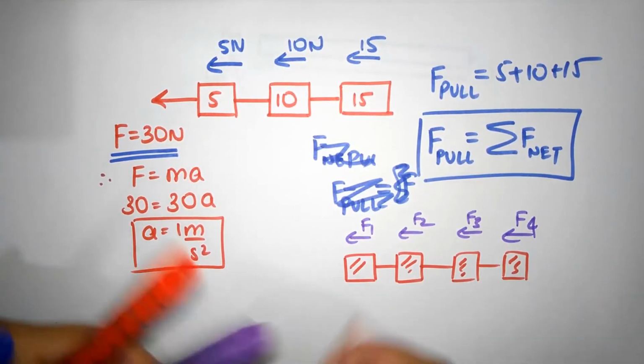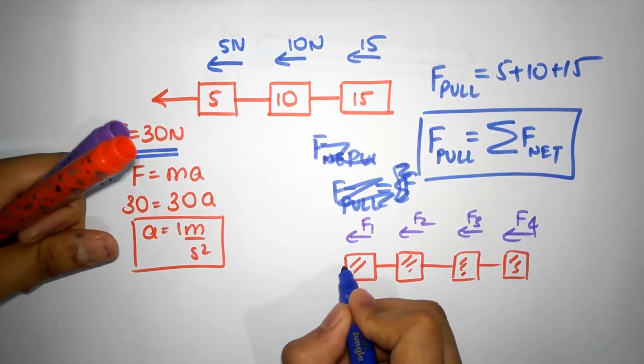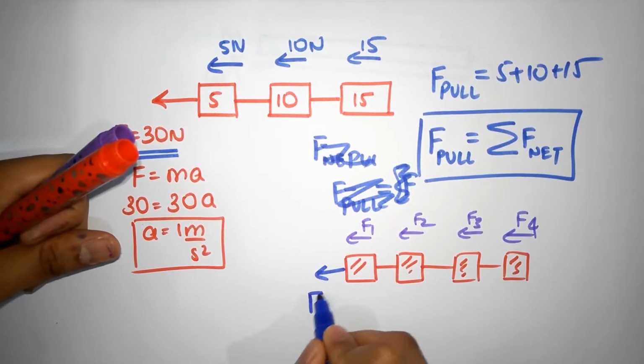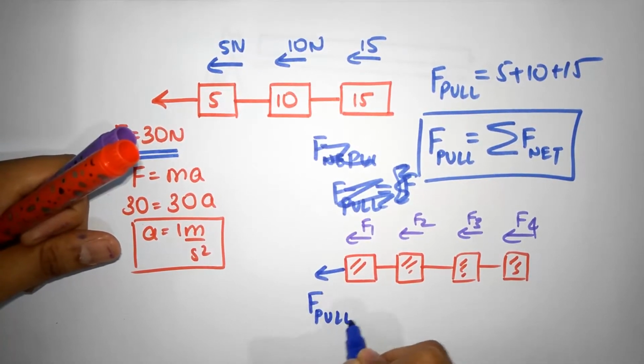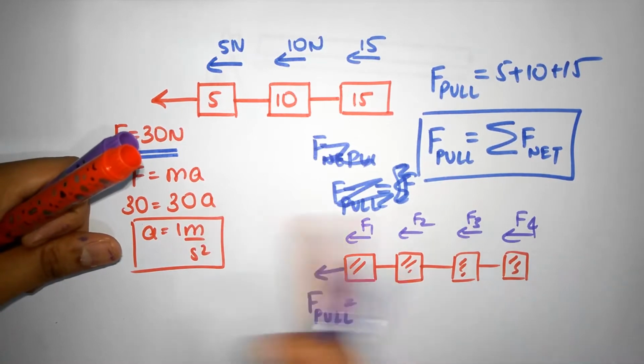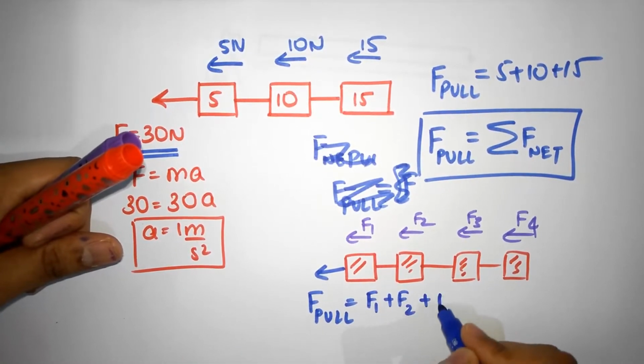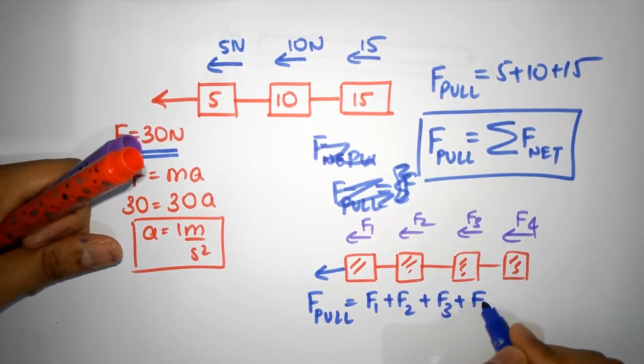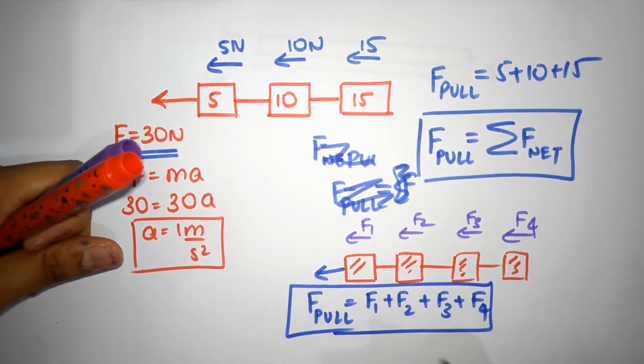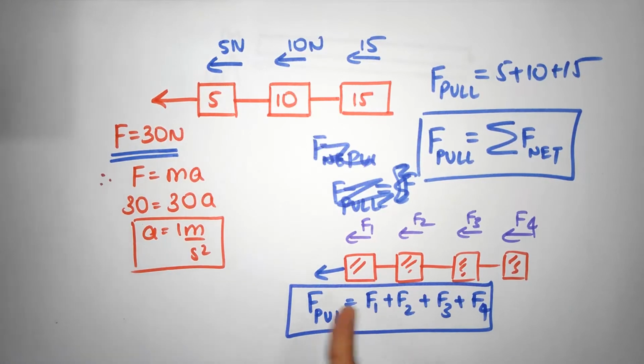I know you have understood this, but I just want to make things clear so that we can solve our original problem clearly. Then the pulling force, the force that pulls this whole thing and accelerates it together, is going to be F1 plus F2 plus F3 plus F4. Okay? Is this concept clear? Hope this is clear. Let's now solve our original problem.